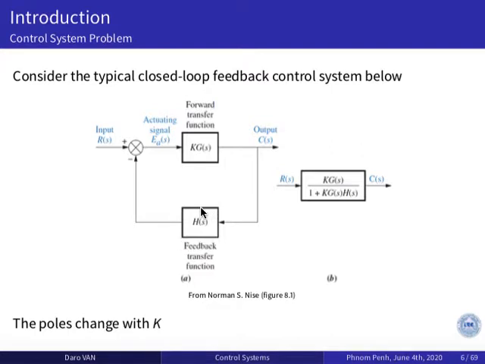This is the feedback transfer function, and you can use the block diagram technique to combine these together. Then you will end up having the closed loop transfer function, which is a function of k. So the poles change with k.